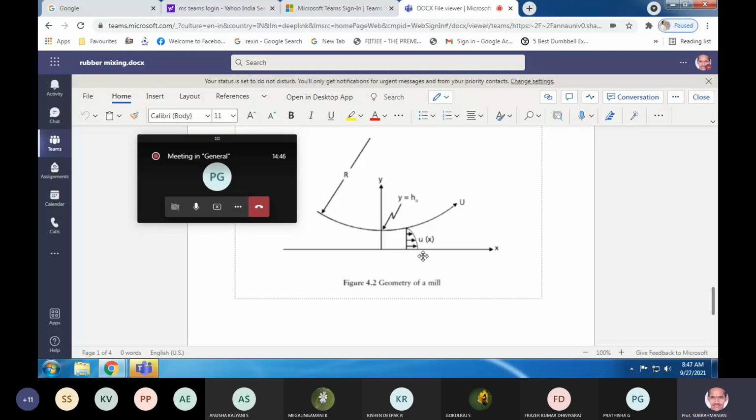Some call it a roll. Let us stick to the roll because bowl is used for the calendar. So calendaring is another process. We will come to that. Right. So friends, this velocity profile helps the rubber to stay on the roll and continue the mixing. This is a normal situation.